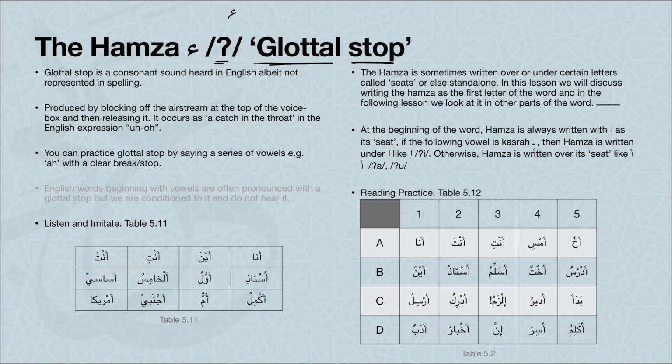That's basically what we mean by a catch in the throat. It's like your vocal cords open or close quickly, blocking all the airstream. So it's like uh-oh, apple, alif, alif.